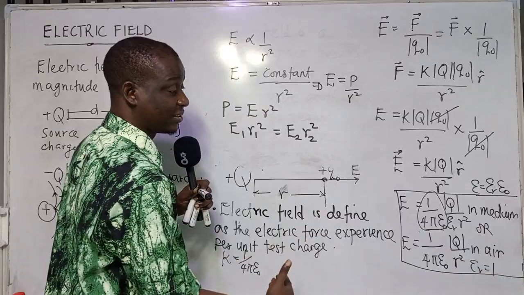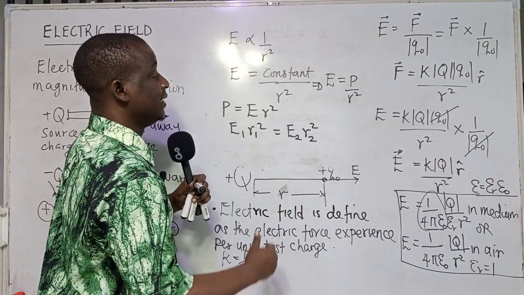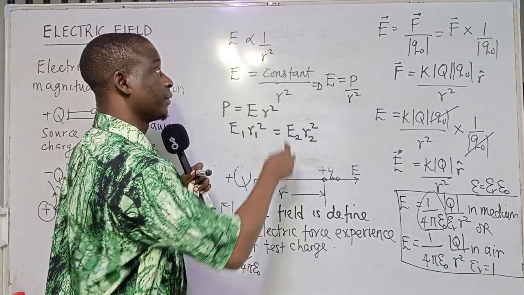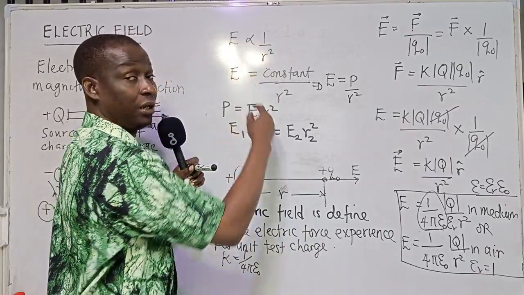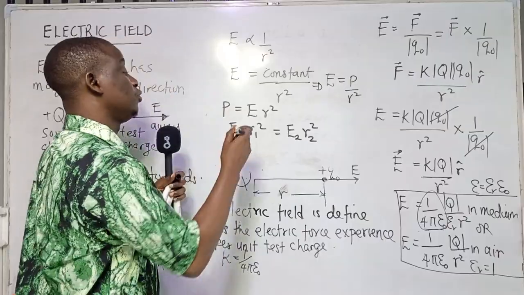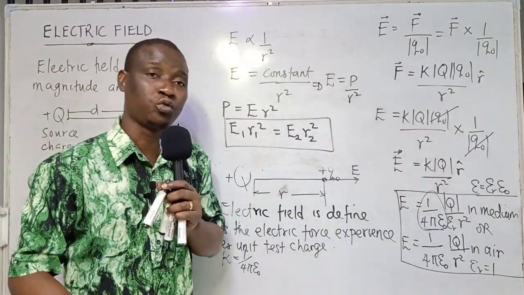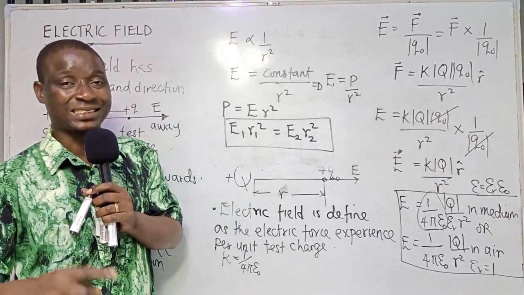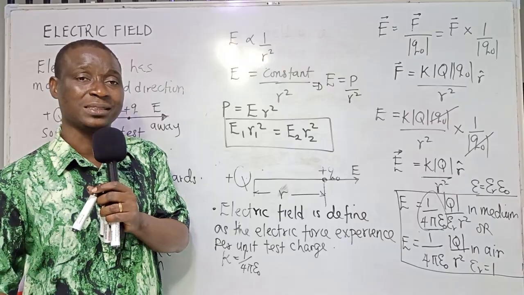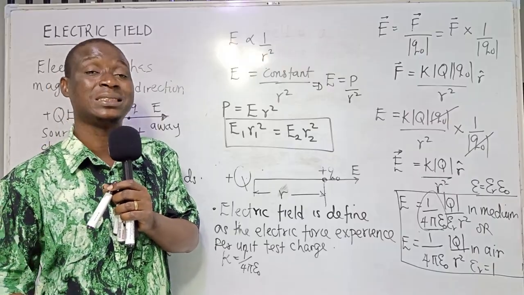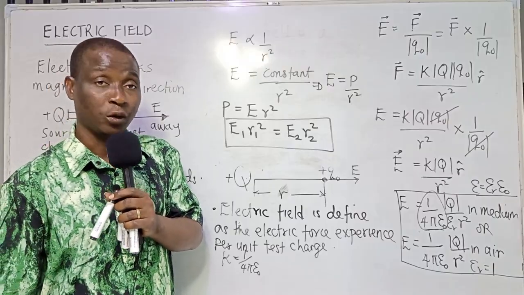The farther the distance of the source charge, the lesser the electric field. So they are inversely proportional. Take note of that. We can use this formula to solve problems where two electric fields and one distance are given to find the other distance, or two distances and one electric field are given to find the electric field strength of the second one.